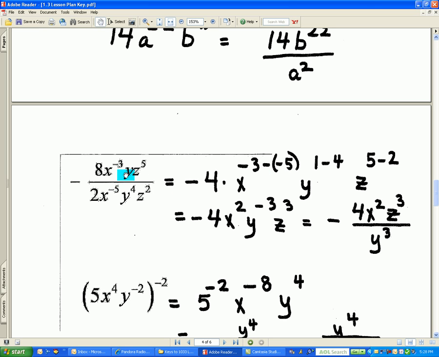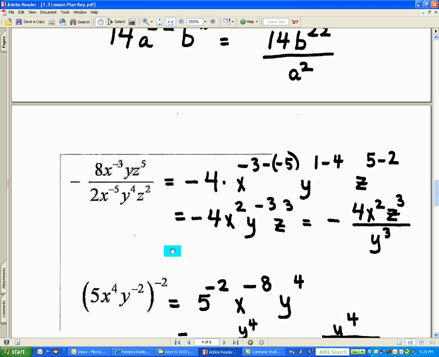On the y's, since it's also a division problem, notice that in the numerator there's an implied 1. Therefore, my new exponent on the y's will be 1 minus 4. And on the z, top exponent minus bottom exponent would become 5 minus 2.